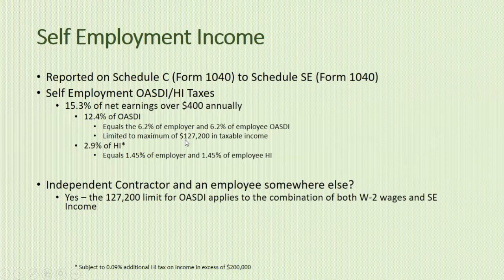So don't forget that there is a maximum of $127,200 in taxable income that OASDI applies to. And that is in both situations, or if you have both at play, cumulatively.